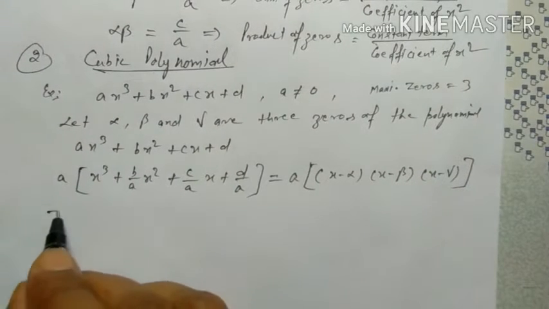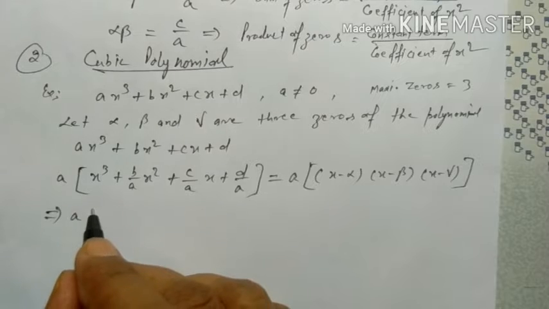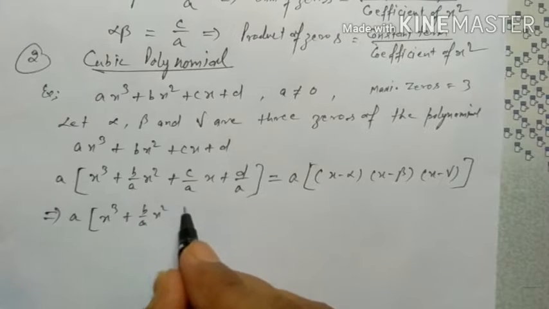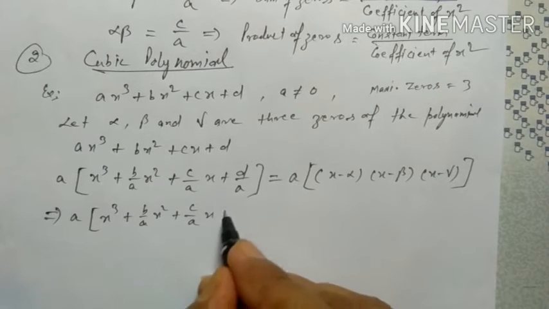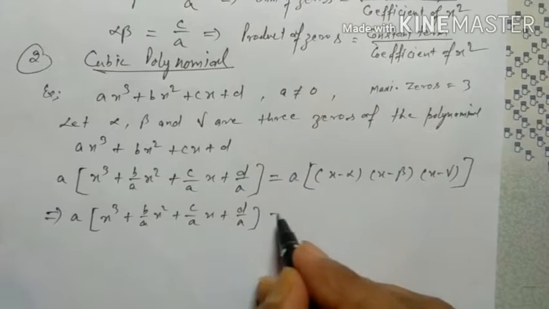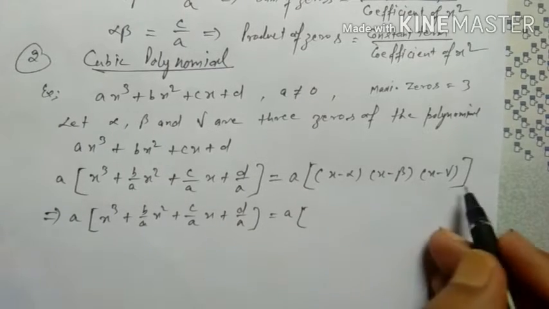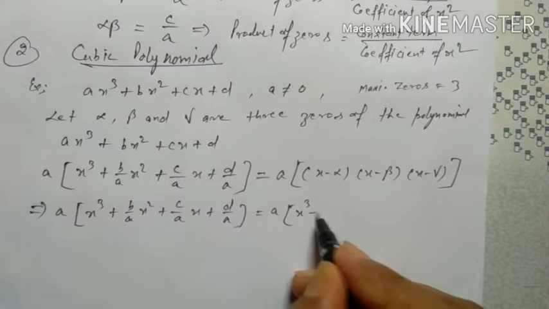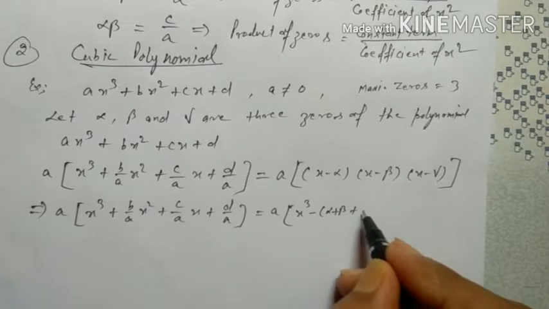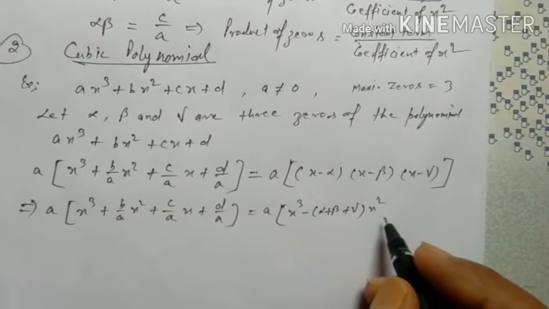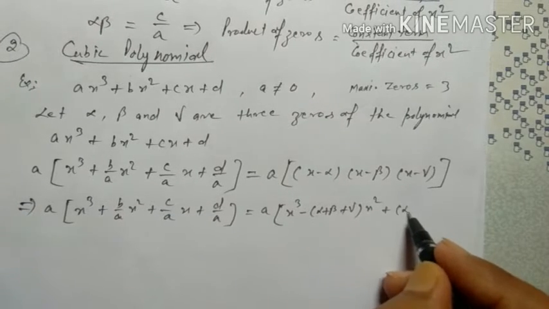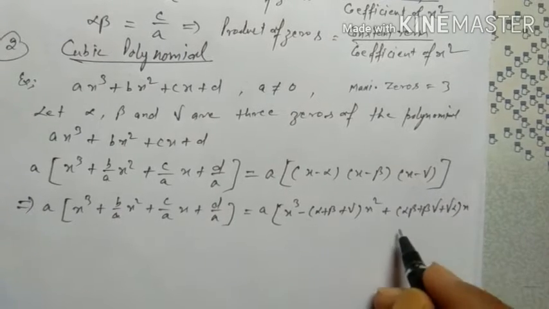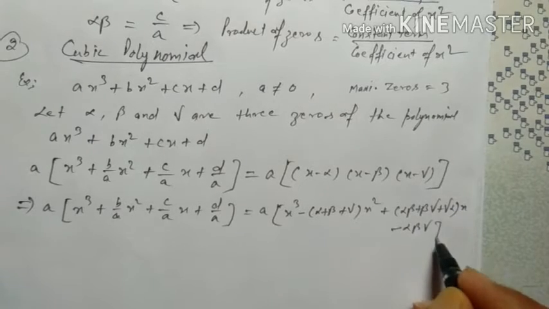When you multiply these terms, you will get x cube minus alpha plus beta plus gamma x square plus alpha beta plus beta gamma plus gamma alpha x minus alpha beta gamma.